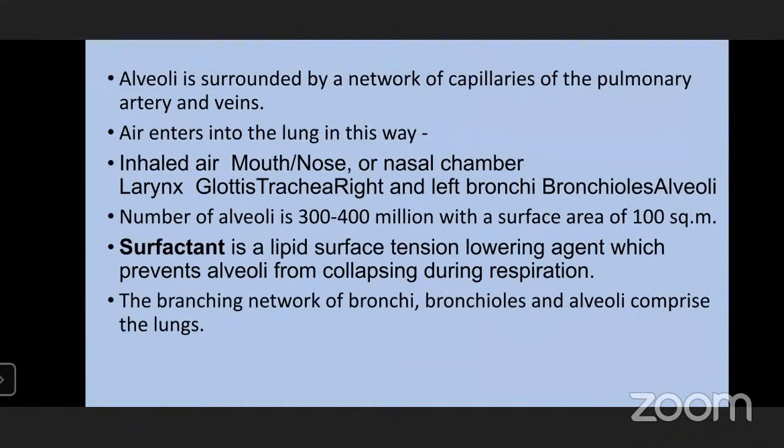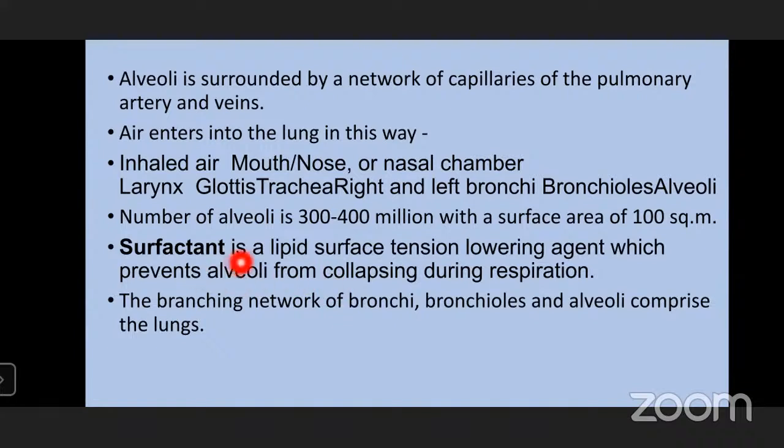And the number of alveoli is around 300 to 400 million, and each one has a surface area of 100 square meter. So that is the number of alveoli. You can see how large the number of alveoli is in these lungs.